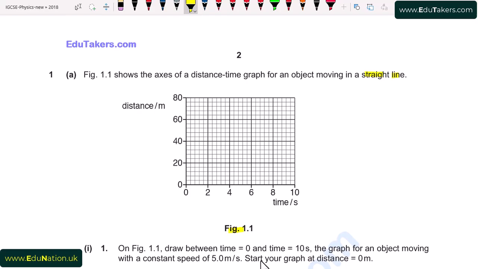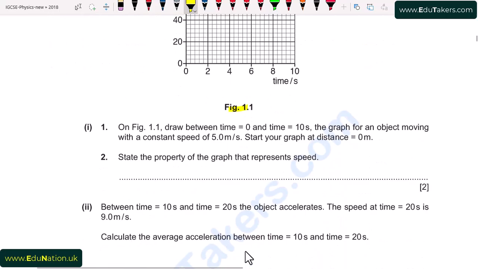In figure 1.1 we can see a distance-time graph. The distance is measured in meters and is taken along the y-axis, while the time is measured in seconds and is taken along the x-axis. Part 1. First, on figure 1.1, draw, between time t equal to 0 and time equal to 10 seconds, the graph for an object moving with a constant speed of 5 meters per second.